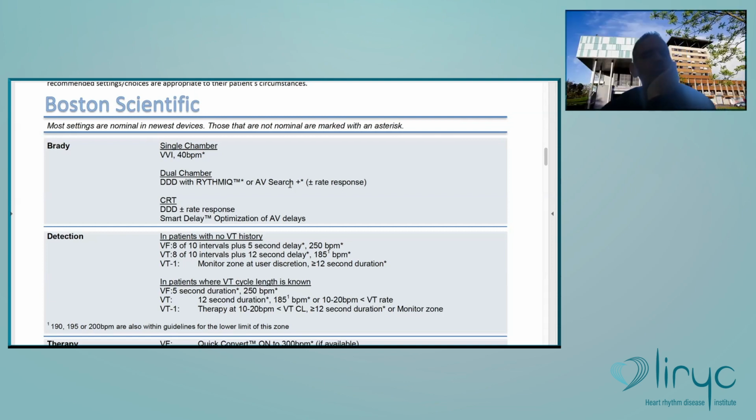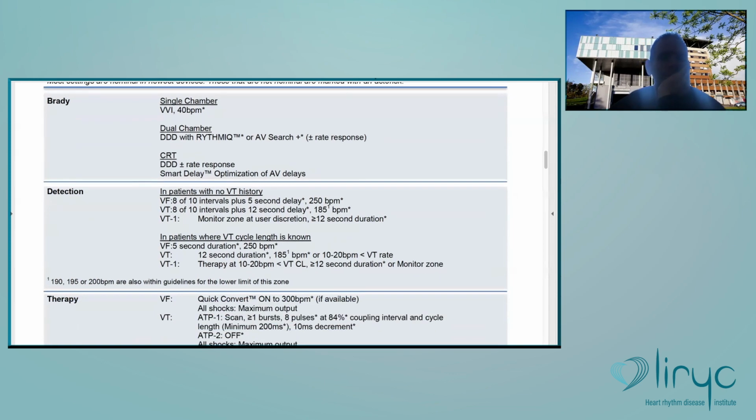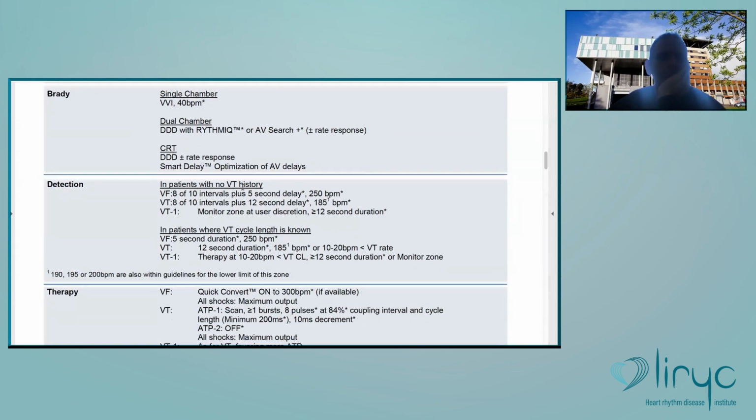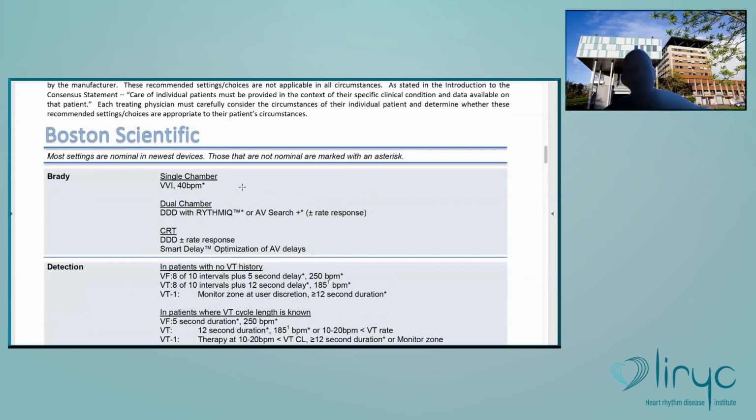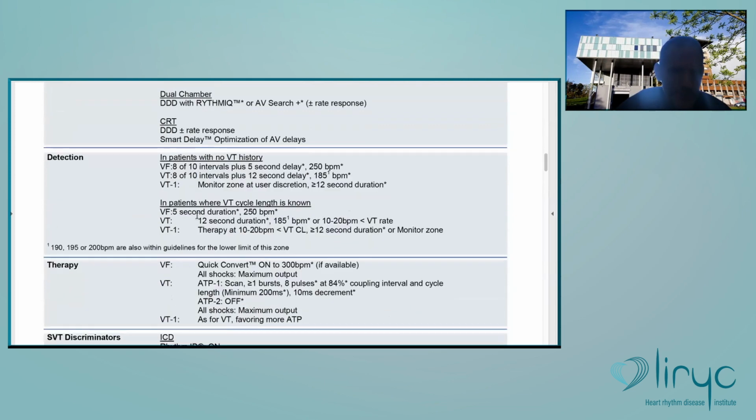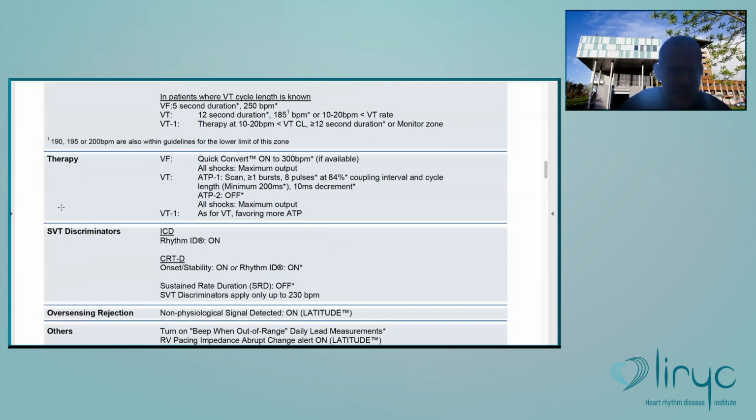If you look at the guidelines, the manuscripts on how to program the ICDs, you know that there are specific guidelines for all the patients implanted with an ICD, and then there are specific guidelines company by company. If we look at SVT discriminators, what is recommended in Boston devices?